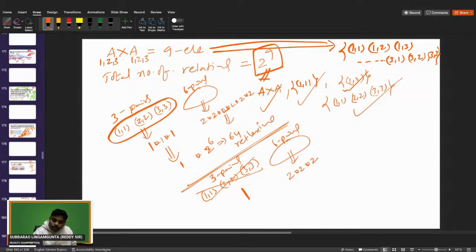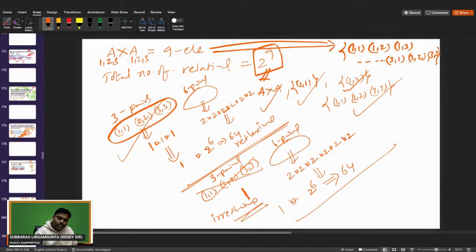These 3 should be there, that is called reflexive. These 3 cannot be there, that is called irreflexive. Then it will become 1 into 2 power 6, which is also 64. So this is irreflexive, and this is reflexive.